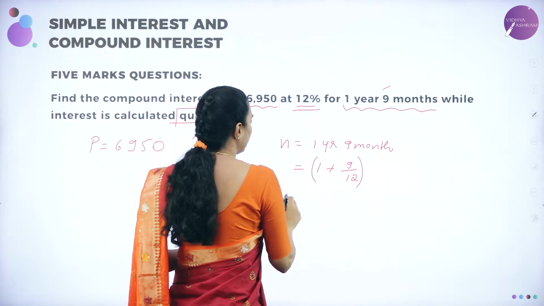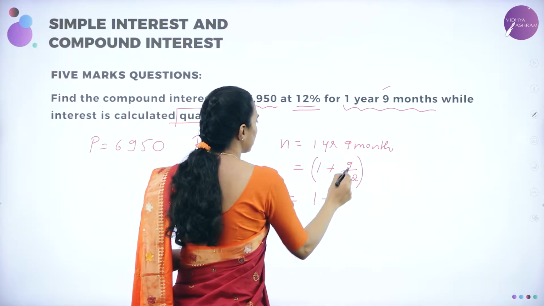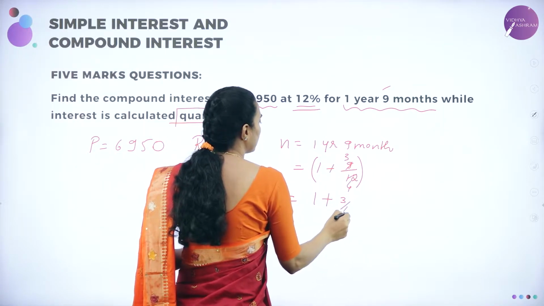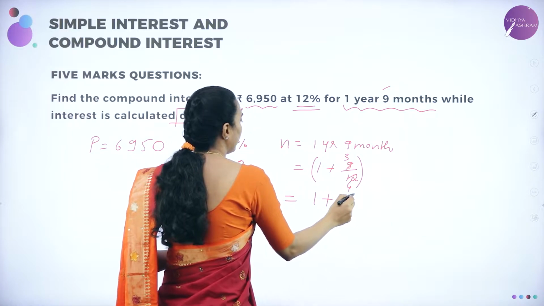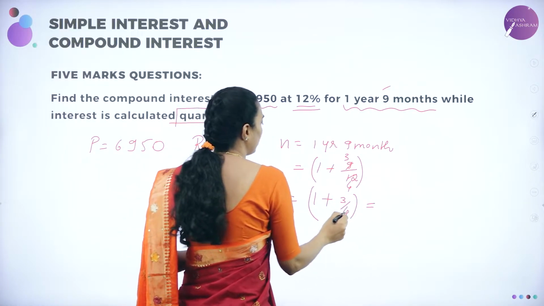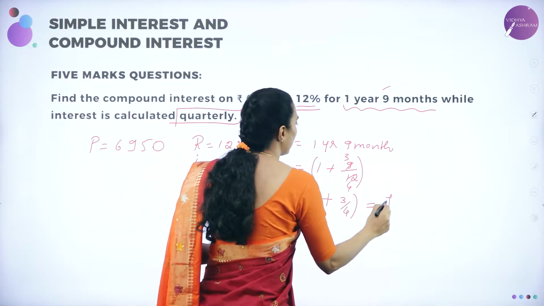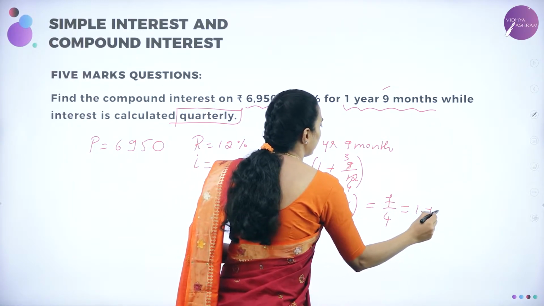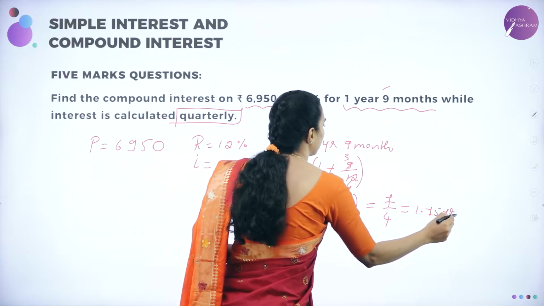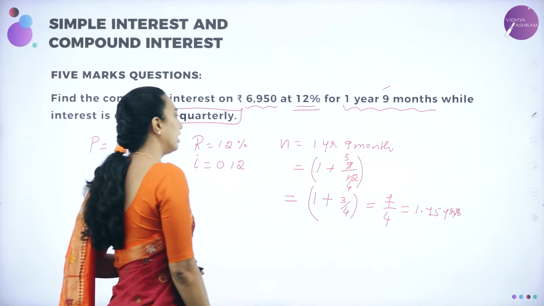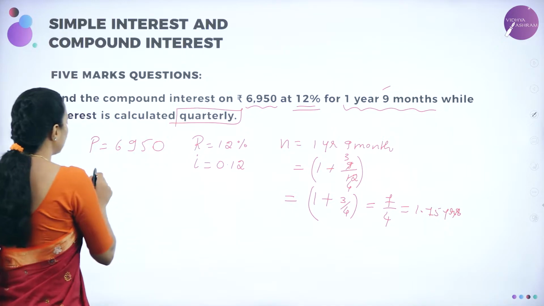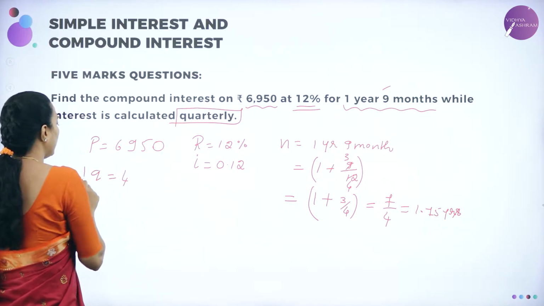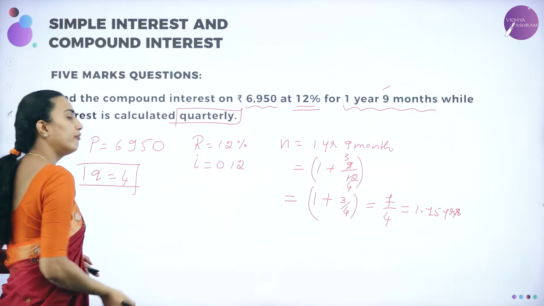So by converting this, I can have it as 1 plus 3 by 4, which will be equal to 7 by 4. 7 by 4 means I can write this as 1.75 years, isn't it? This is the n. And they have given q as quarterly. Quarterly means q is equal to 4.